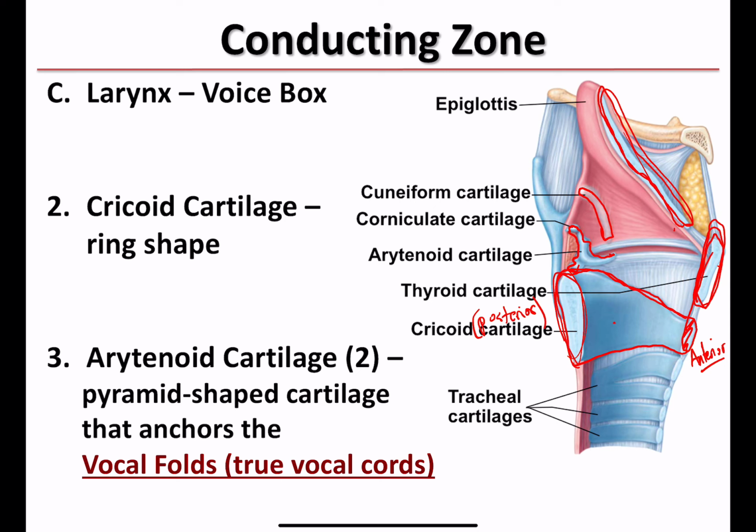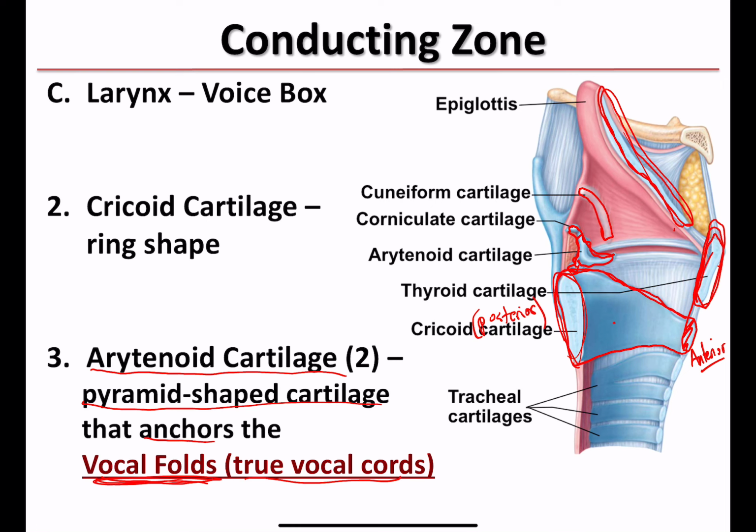I do want you to know about the most inferior set of these cartilages, which rest immediately upon the cricoid cartilage. These are known as the arytenoid cartilages. They're pyramid-shaped cartilages, and their job is to anchor your true vocal cords, also known as your vocal folds, all right? As you probably know, these vocal cords vibrate due to the muscles attached to these arytenoid cartilages and the other paired cartilages as well.